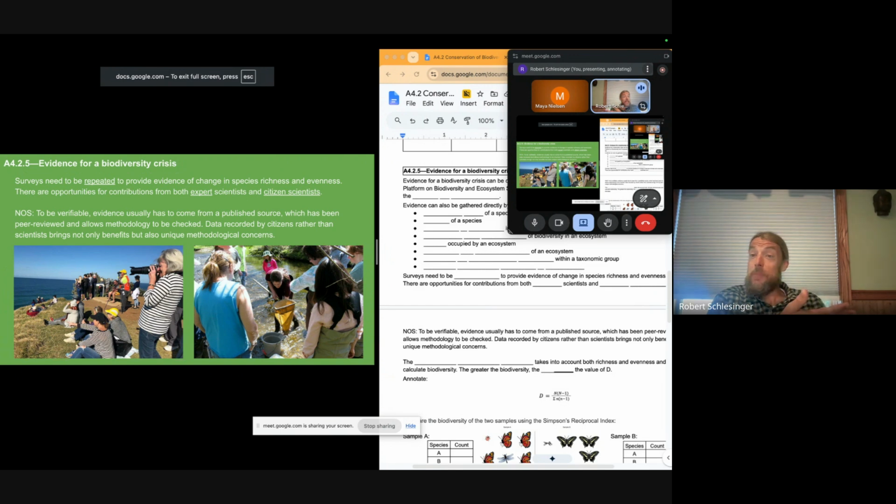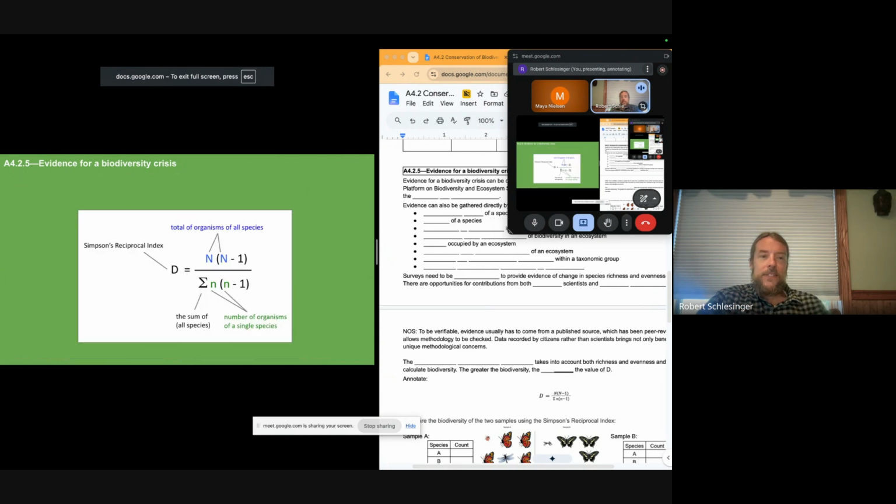But in this data booklet is this equation, the Simpson's diversity index. And I can tell you that my expectation is not for you to memorize this equation. It'll be provided for you on a test. And even if we don't have a data booklet, I just want you to know how to use it. Okay. And so let's get into the Simpson's diversity index. What we're calculating here is D, and that's our diversity index.